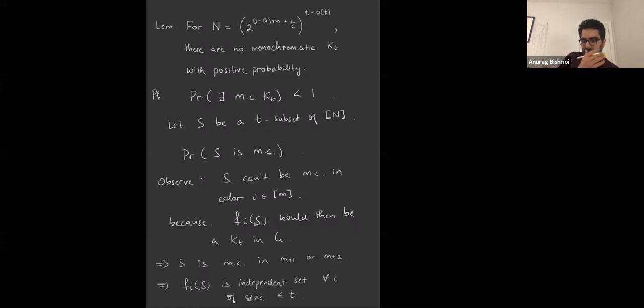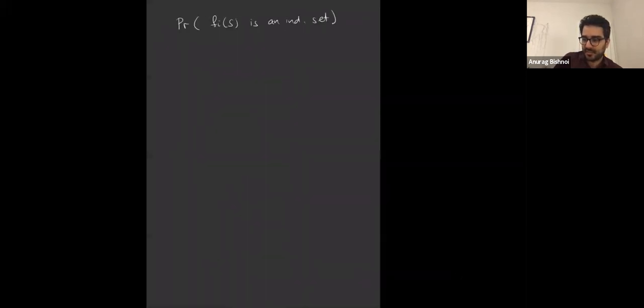Because then we will have the product of all those probabilities multiplied by the probability that it's monochromatic in m+1 or m+2. Because ultimately the probability that we are interested in is this probability.